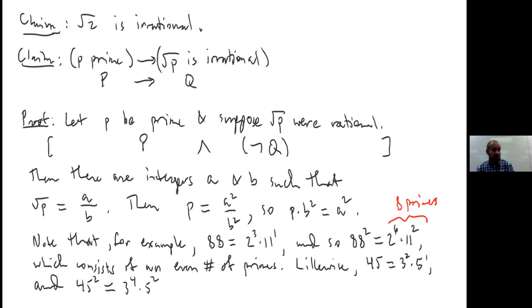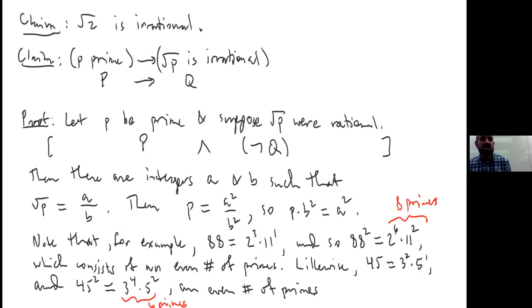4 plus 2 is 6, which is an even number, yeah? So I have an even number of each one of those, and if I add together a bunch of even numbers, I end up with an even number, yeah? All right, so there are 6 primes here. Let me just say that that's an even number of primes.